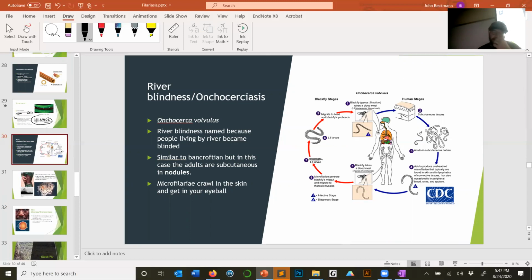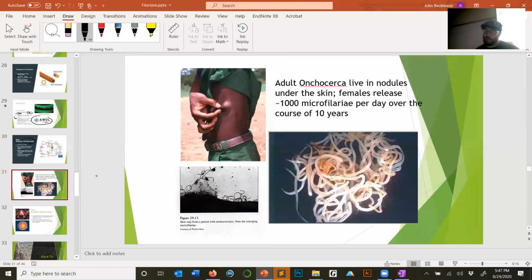Okay, quick. We don't have much time left, but there are other filarial diseases. There is also a filarial worm called Onchocerca volvulus, and there's also Onchocerca ochengi, so this is onchocerciasis, these two different worms that cause this. This is called river blindness. These worms are similar, but a little bit different.